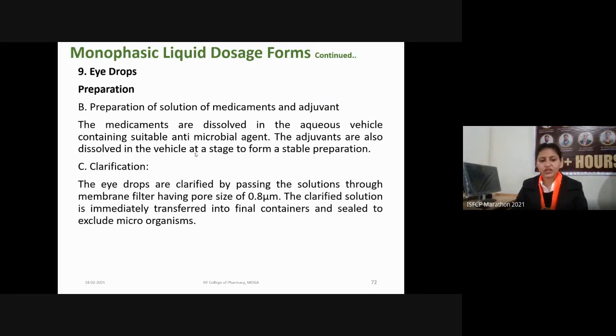The eye drops are clarified by passing the solution through membrane filters having a pore size of 0.8 micrometer. The clarified solution is immediately transferred to the final container and sealed to exclude microorganisms.